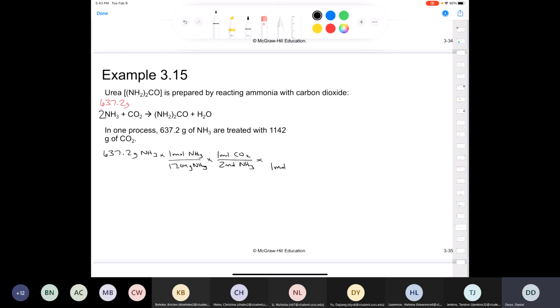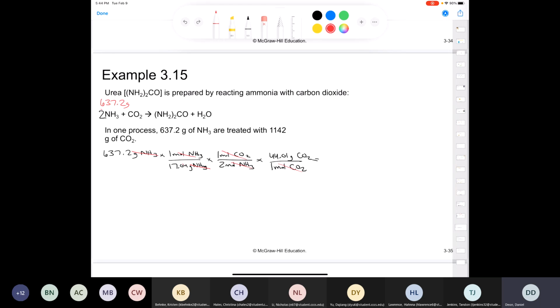And in 1 mole of CO2, I've got 44.01 grams of CO2. So this is going to tell me exactly how much CO2 is used up, because the ammonia limits the amount of CO2 that reacts.